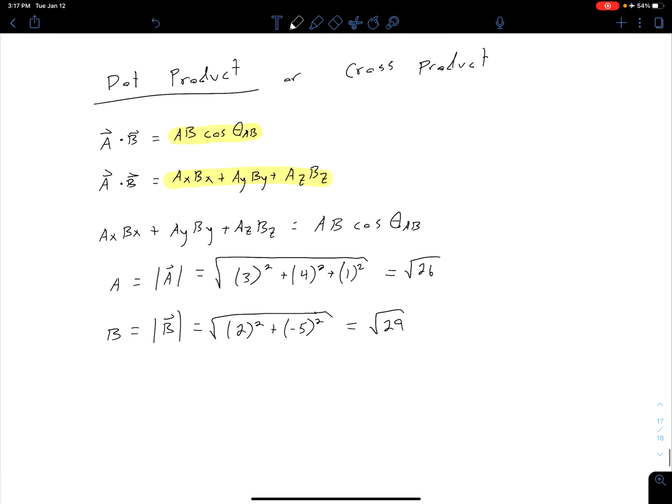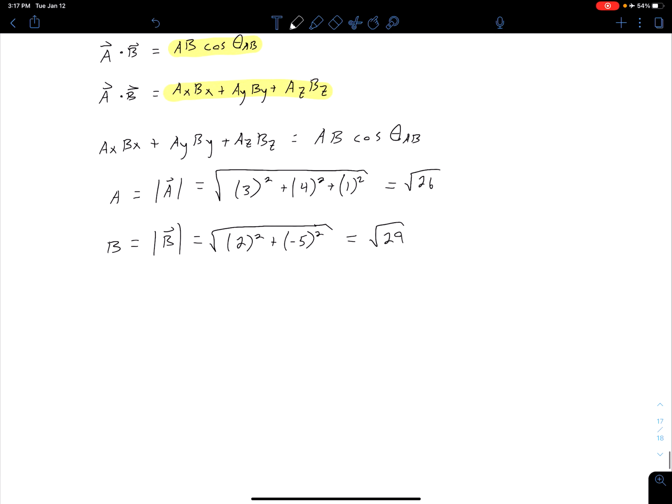So doing that and at the same time rearranging to solve for our cosine theta AB, we have that cosine theta AB is equal to, now the numerator is going to be all of these terms here. So our AX times BX is going to be 3 times 0, plus our AY times BY is going to be 4 times 2, and plus our AZ times BZ is going to be 1 times negative 5.